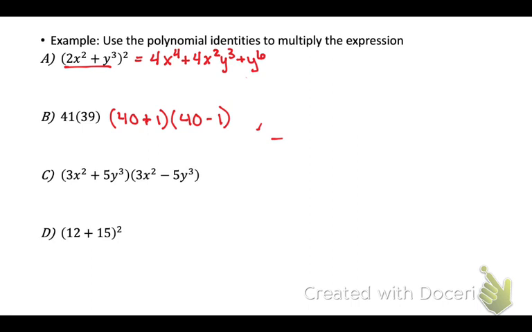And 39. Yes. Didn't I just give you conjugates right there? Yes. So when I do that, I square the first, which is 1,600, minus you square the last, which is 1. So the answer would be 1,599.